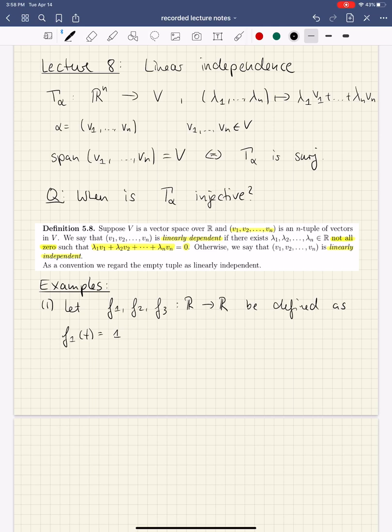So the image of every element of R is equal to 1. Well, f2 of t, we let that be equal to cosine square of t. And then f3 of t, we let it be equal to sine square of t. So these are elements of the vector space of all functions from R to R.